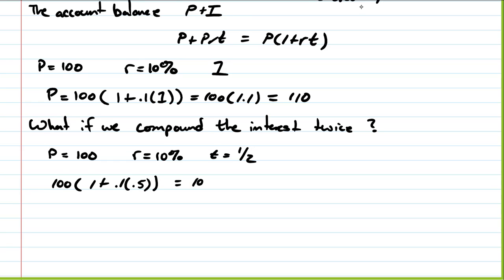It's going to give us 100 times 1.05, which is $105. So at this point, everything seems reasonable, because if I had a 10% interest rate for half of a year on $100, I would earn $5 of interest.